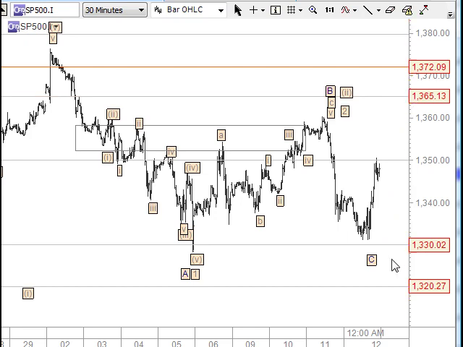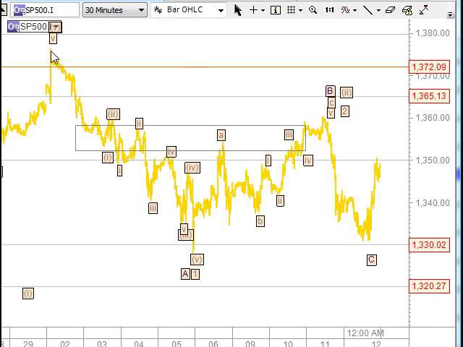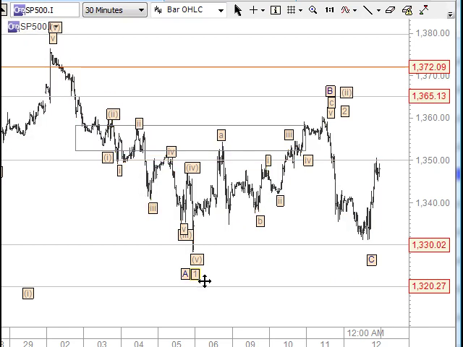So that's one scenario. The other scenario is that we have wave 1 coming down through to here, the A, the B, and the C for wave 2, this 2 here.